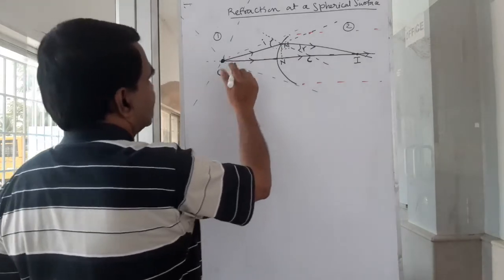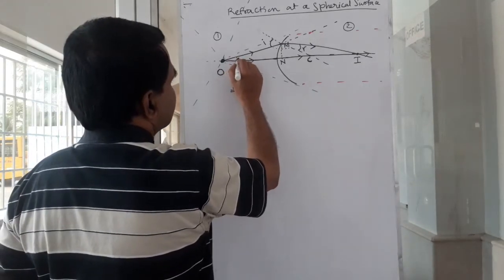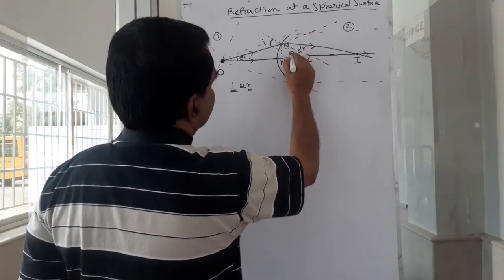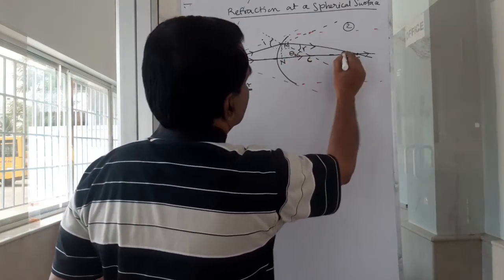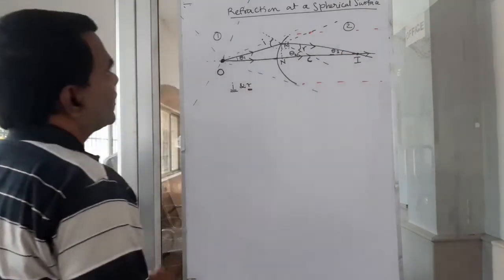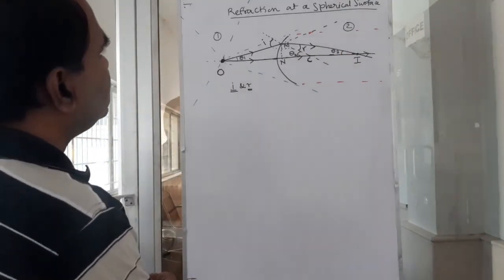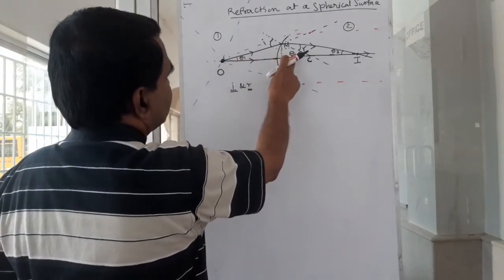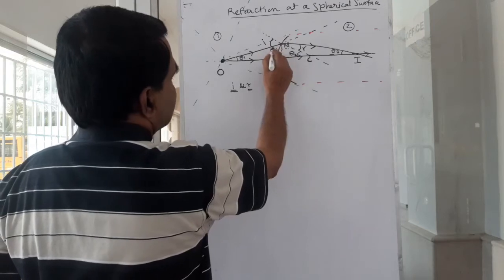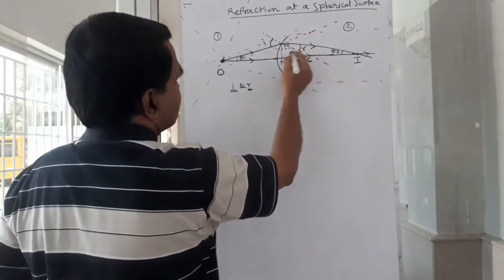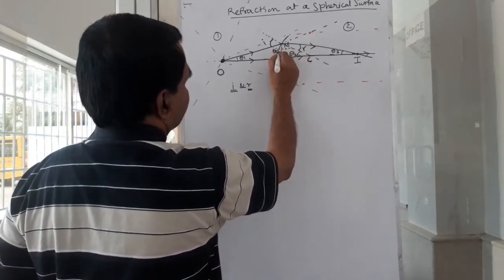For example, let me take this angle, I'll call this theta 1, and then I'll call this theta 2, and then I'll also call this theta 3. Let's look at it now. Theta 1 plus theta 2 plus this angle, I'll probably call this theta 4.